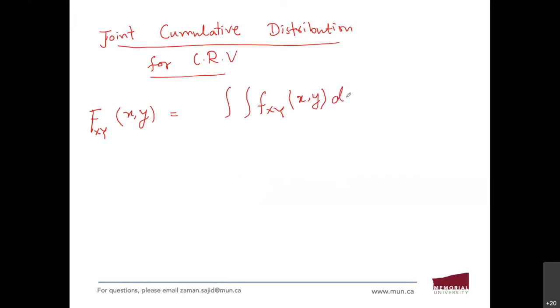The inner is for y and this is for x, from minus infinity to x and minus infinity to y.